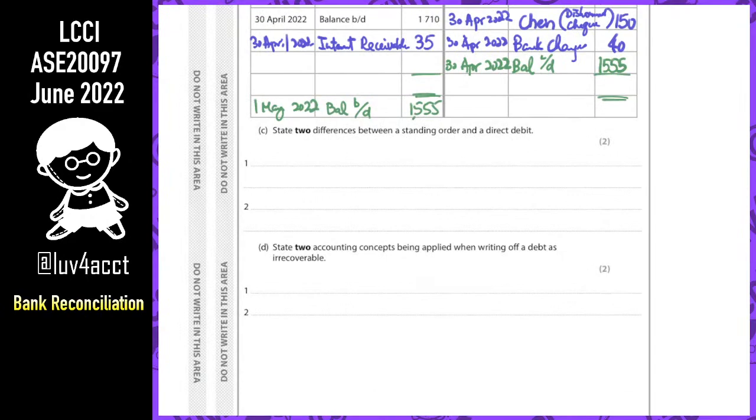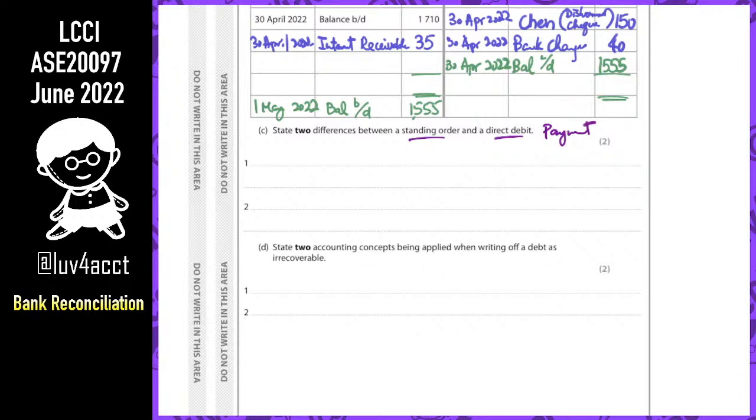It is time for us to answer some questions. State 2 differences between a standing order and a direct debit. Both of them are payments. We are not going to mention the similarities, but you have to know them first.